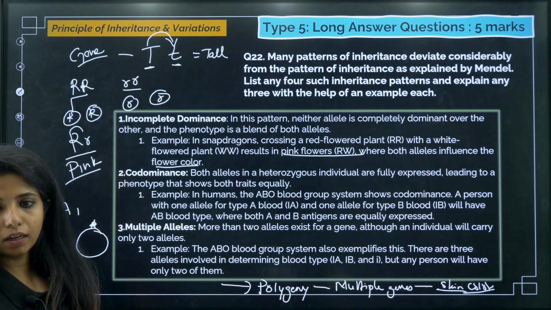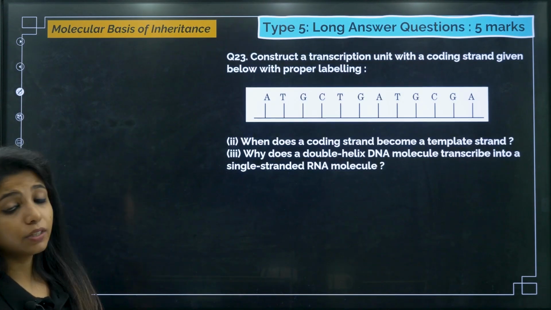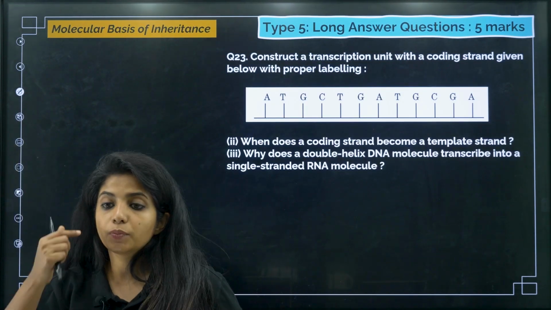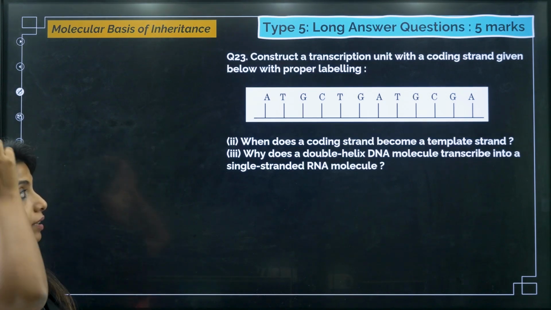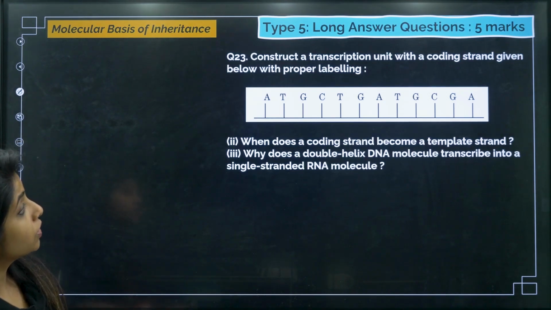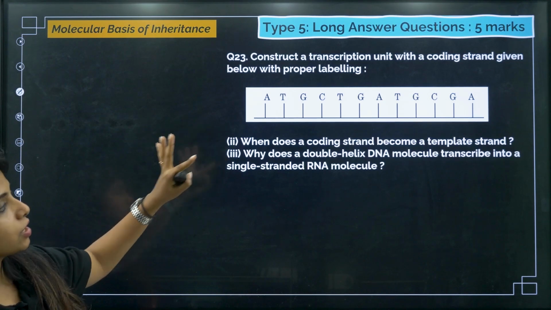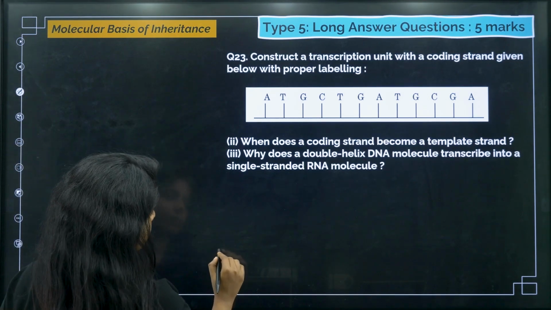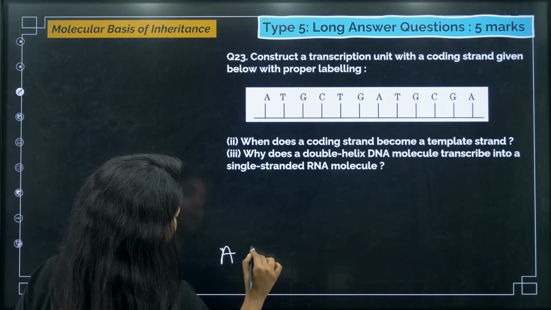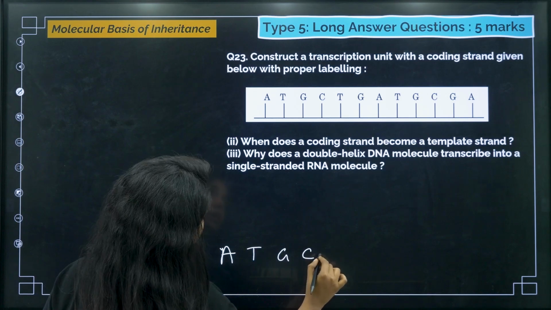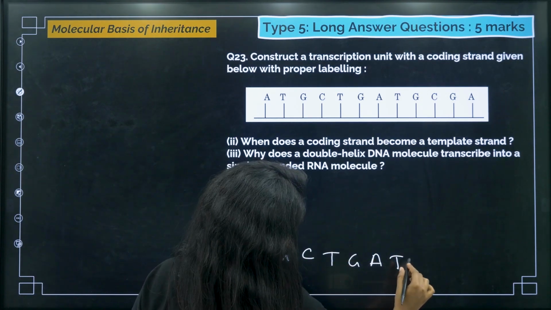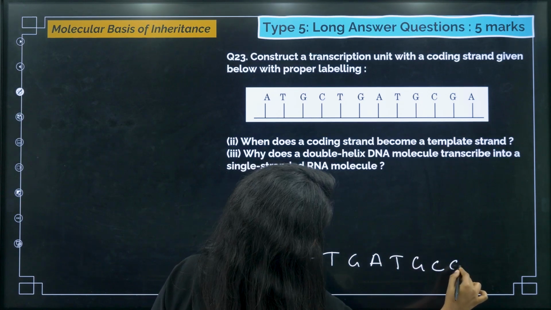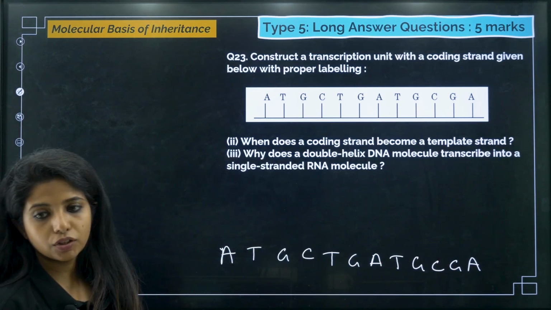Done? 22nd done? Can we go ahead? 23rd: Construct a transcription unit with the coding strand given below with proper labeling. We have to find the template strand. This is the coding strand. We have to make a transcription unit. So it is A, T, G, C, T, G, A, T, G, C, G, A. This is the coding strand.